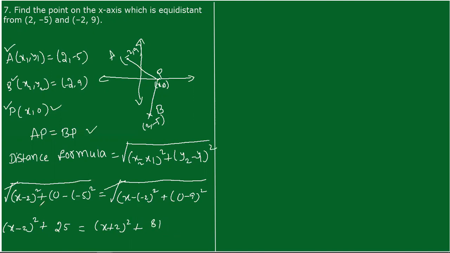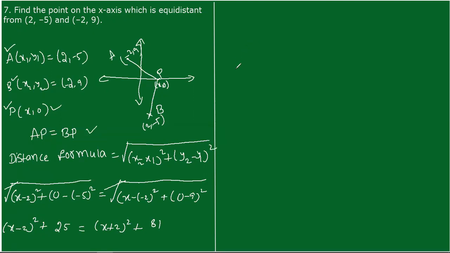So here we have (x minus 2) whole square on LHS, and on RHS we have (x plus 2) whole square. Here we have to apply the identity formula, (a minus b) whole square and (a plus b) whole square.